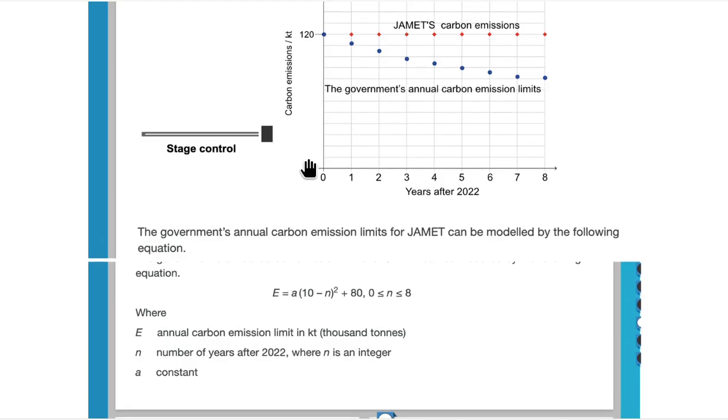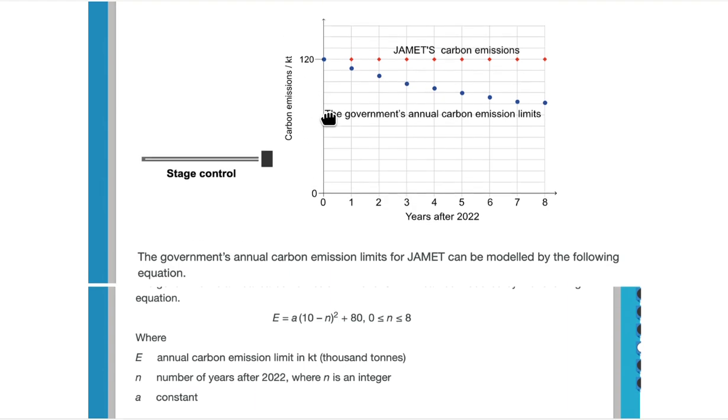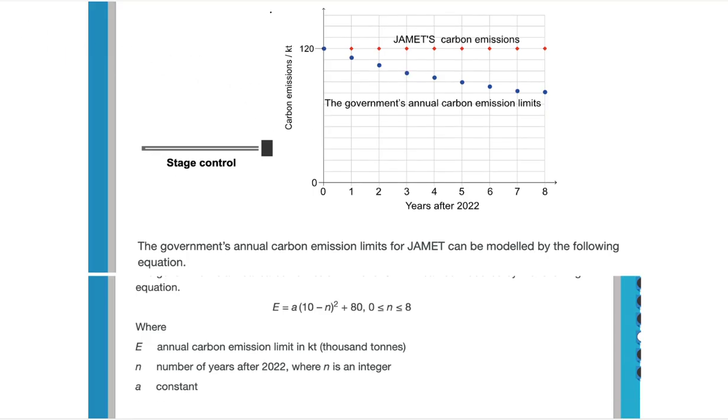When the value of n is 0, what's the value of E? This point, 120, right? So when the value of n is 0, the value of E is 120. So 120 equals A into 10 squared plus 80.